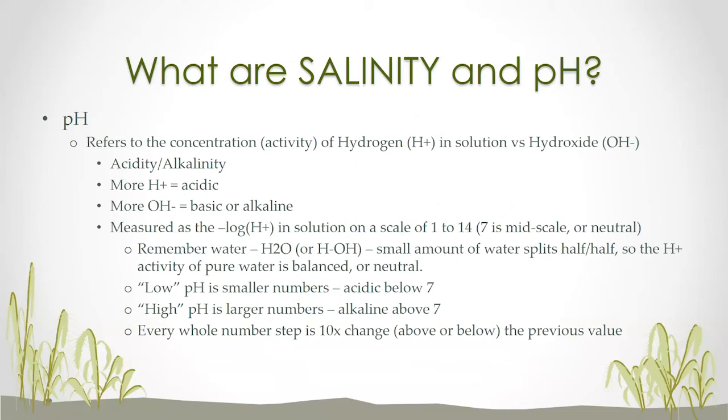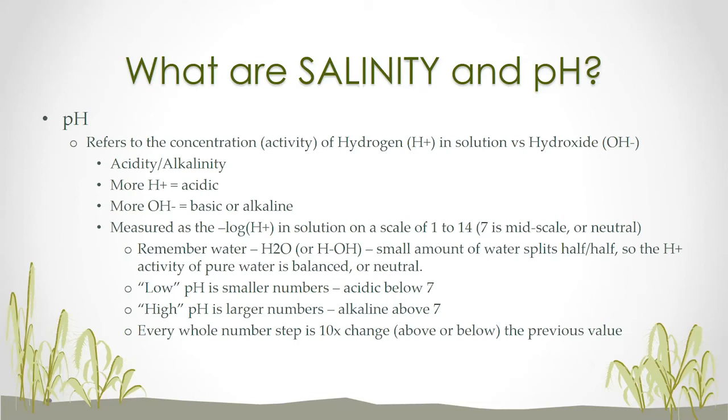And we'll answer questions as we go along here a little bit. But I wanted to direct a little more attention to a companion, at least in our soils, with salinity, and that's pH. pH of our soils refers to the activity or the concentration roughly of hydrogen ion in solution.